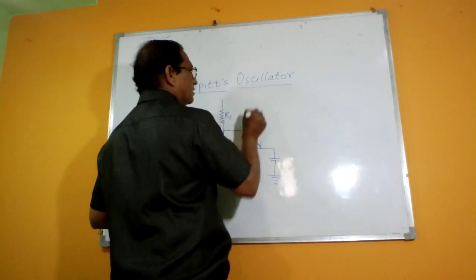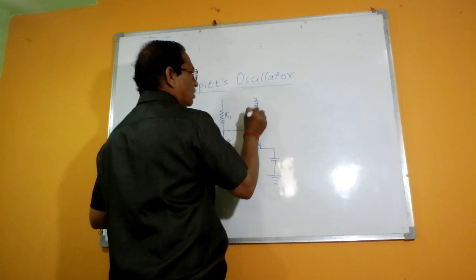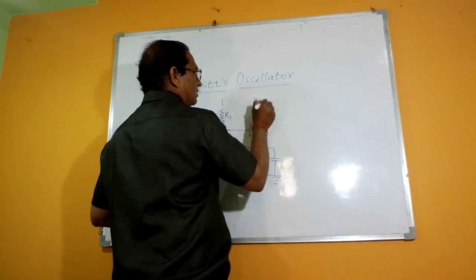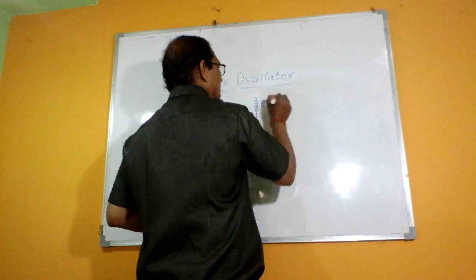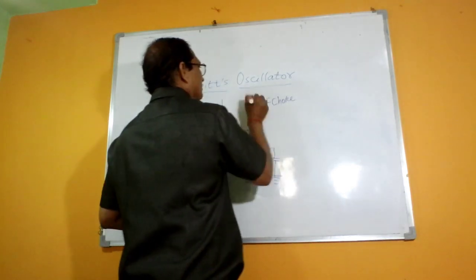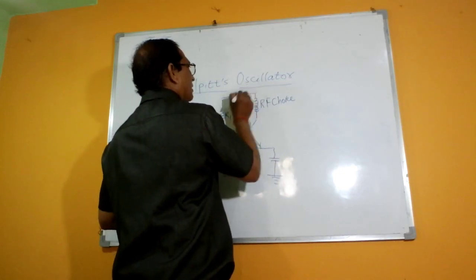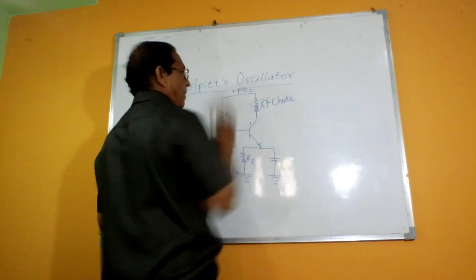Here in the collector circuit, one of the chokes is to be connected, the radio frequency choke RFC. And here we have given the VCC supply.